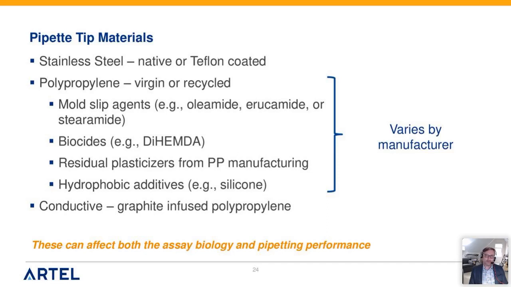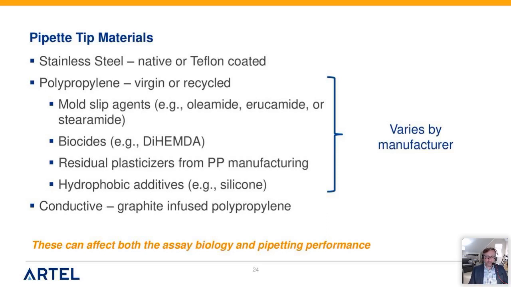But if you start going to the real cheap pipette tip manufacturers, there's a lot of companies that are springing up right now to address the shortage. We have to be very careful of whether it's a virgin or recycled polypropylene or whether some of these agents are being used, because they have a direct impact on the performance. Even if it may fit properly, it's the liquid inside that's being delivered.